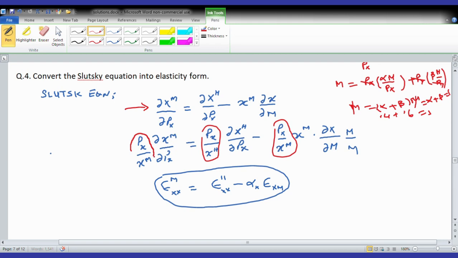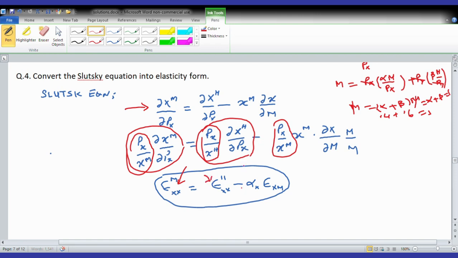Remember that I am making use of the fact that at the optimum point xm is equal to xh. But then see that this is the Marshallian elasticity. This is the Hicksian demand elasticity.